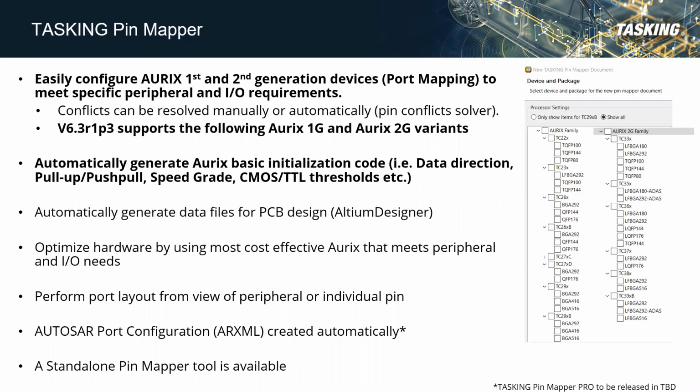If you don't know this up front, you may select a pad or a pin that does not have the necessary speed grade for driving a square wave on a highly capacitive bus, and then you can get rounded edges on your signals, which can lead to faults. Within the pin mapper tool, we highlight that for you to help you overcome some of those difficulties or complexities associated with the AURIX.